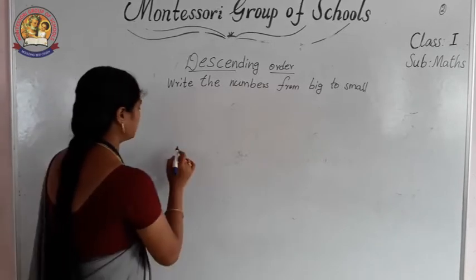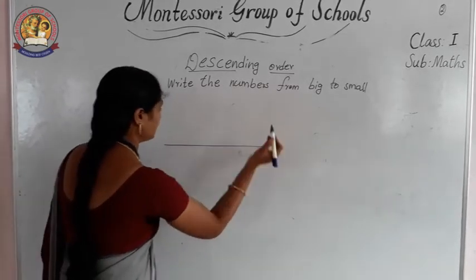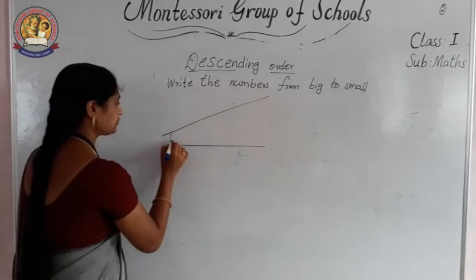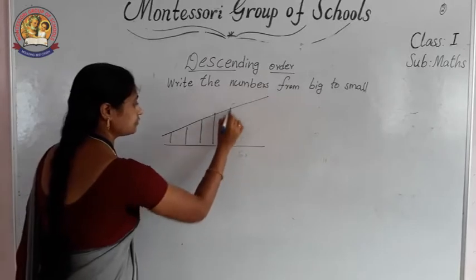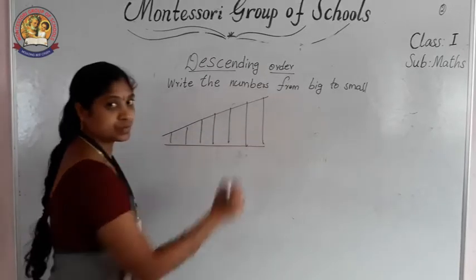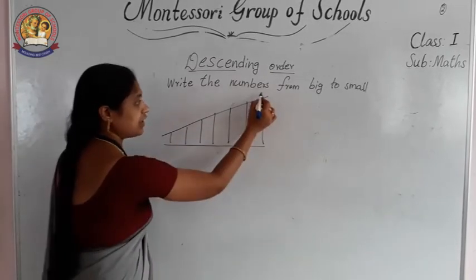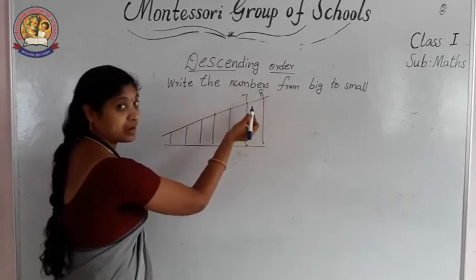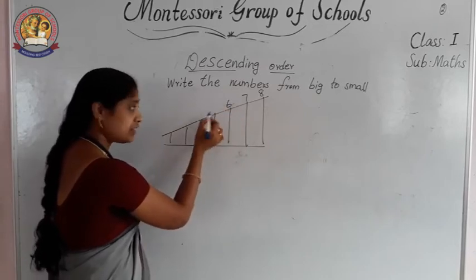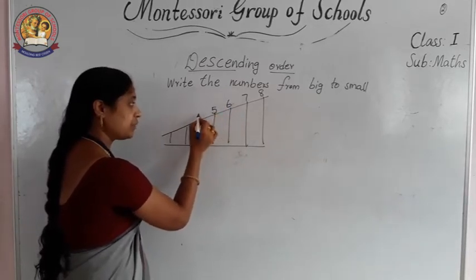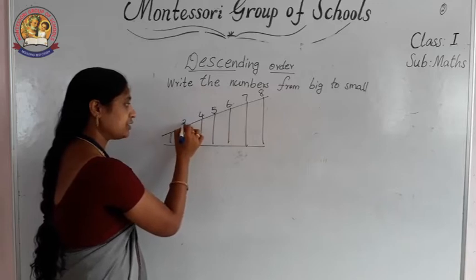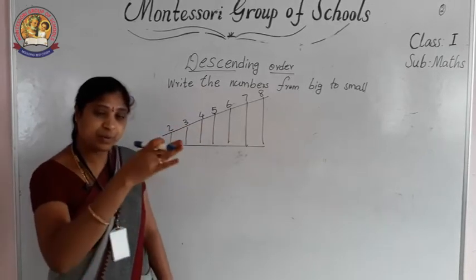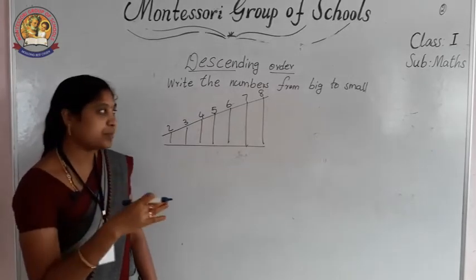Okay, see here, same example. Here I will take 8, next 7, next 6, next 5, next 4, 3, 2. Descending means come down.